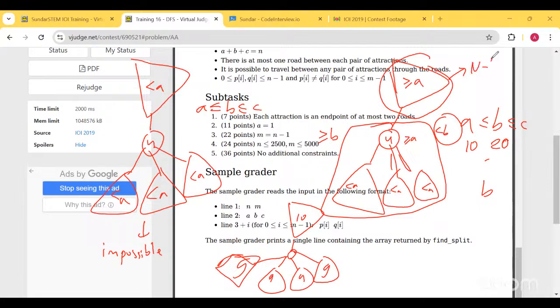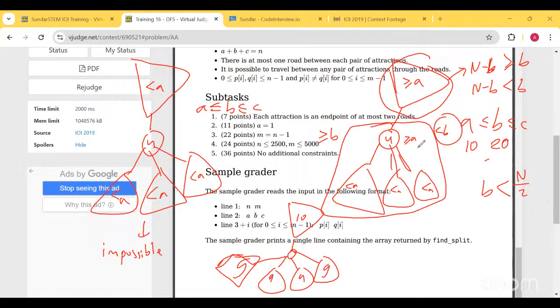So this is n minus P. Is n minus P always greater than or equal to P? Always or not? Is it possible that n minus P is less than P as well? So this is less than P and this is less than P. So the answer is no, because P is always less than half.